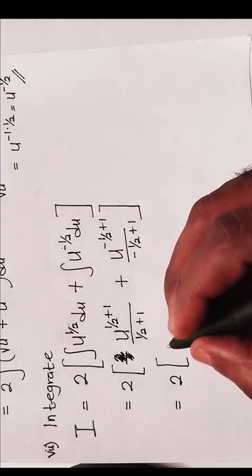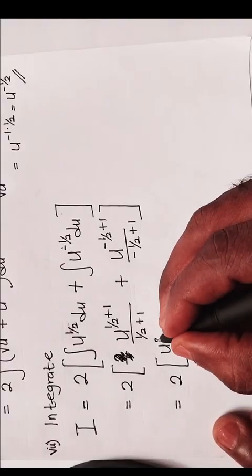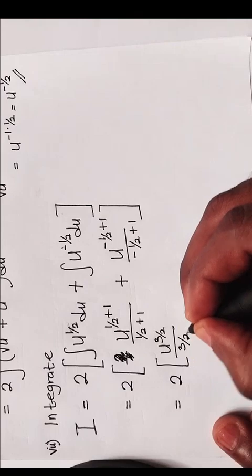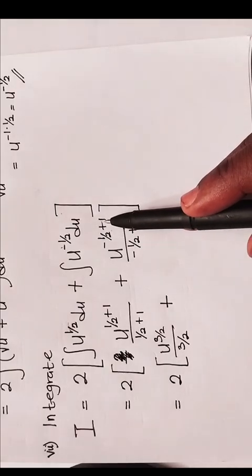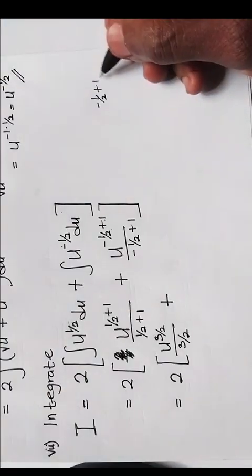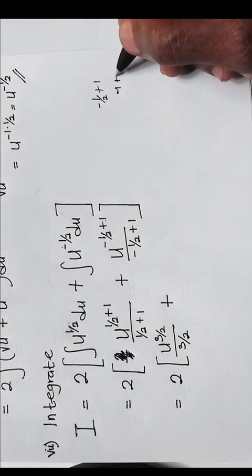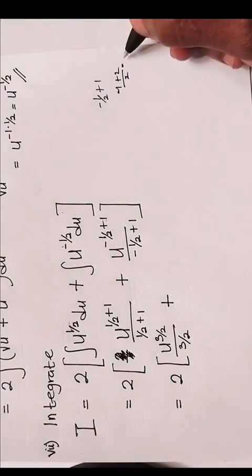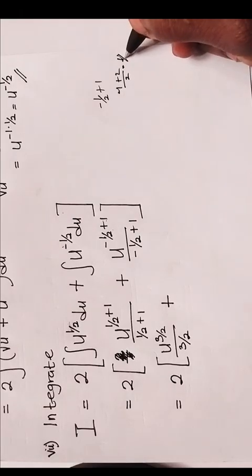So we have here u raised to the power of 3 all over 2 all over 3 all over 2 plus negative 1 all over 2 plus 1, which will now give us negative 1 all over 2 plus 1, the same thing as negative 1 plus 2 all over 2, which is 1 all over 2.